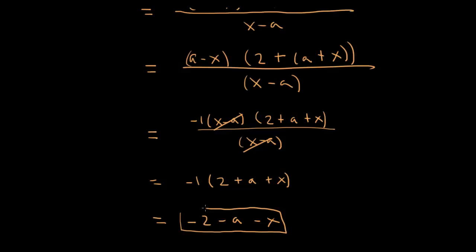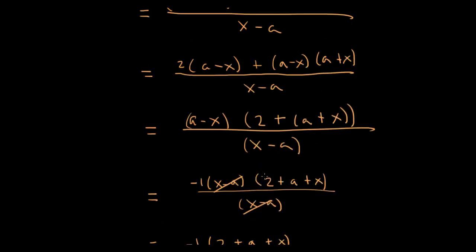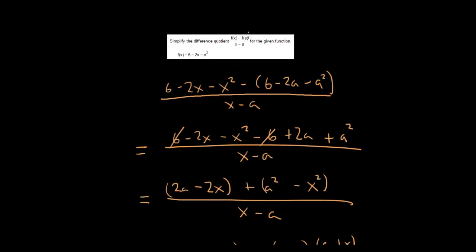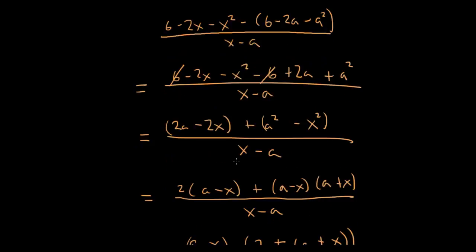Okay, there's the answer. Let's scroll back up to the top. We started with f of x minus f of a over x minus a. We made these substitutions to start with. We then distributed our negative sign, collected like terms, and factored via grouping.